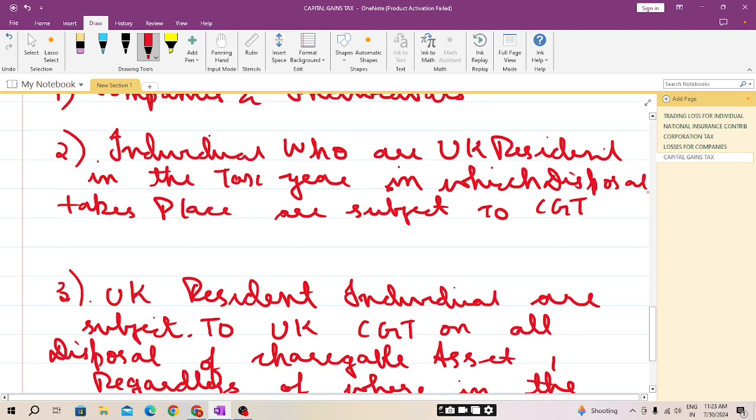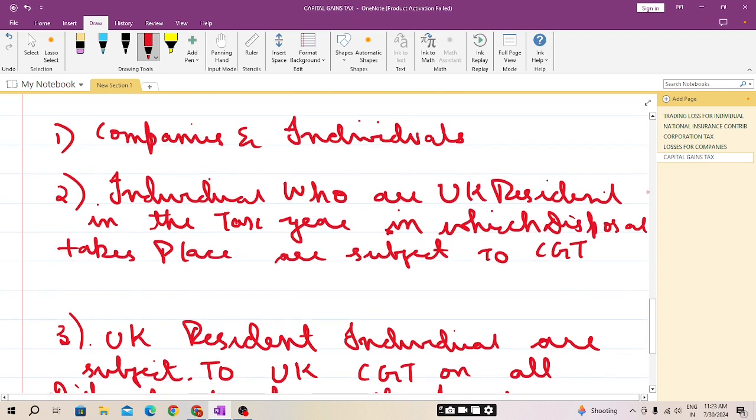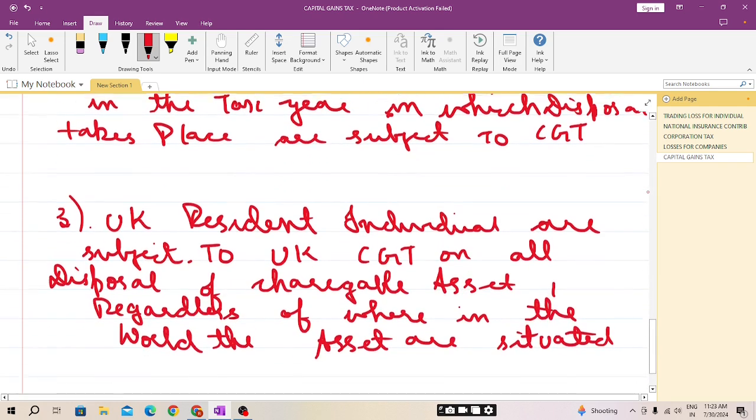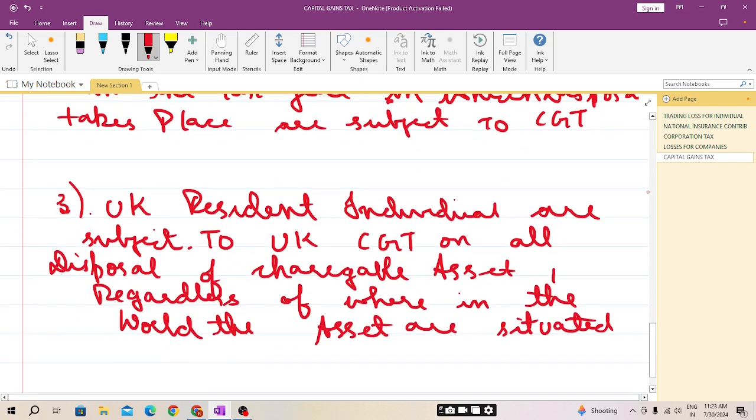So students, chargeable person means companies and individuals. If a person is a UK resident, then he will pay CGT on all the worldwide gains wherever the asset is in the world, and if he has sold the asset, then the CGT will be charged wherever the asset is situated. Whether the person is a UK resident and he has an asset in America or the US, if he sells it, the CGT will be applicable because he is a UK resident.